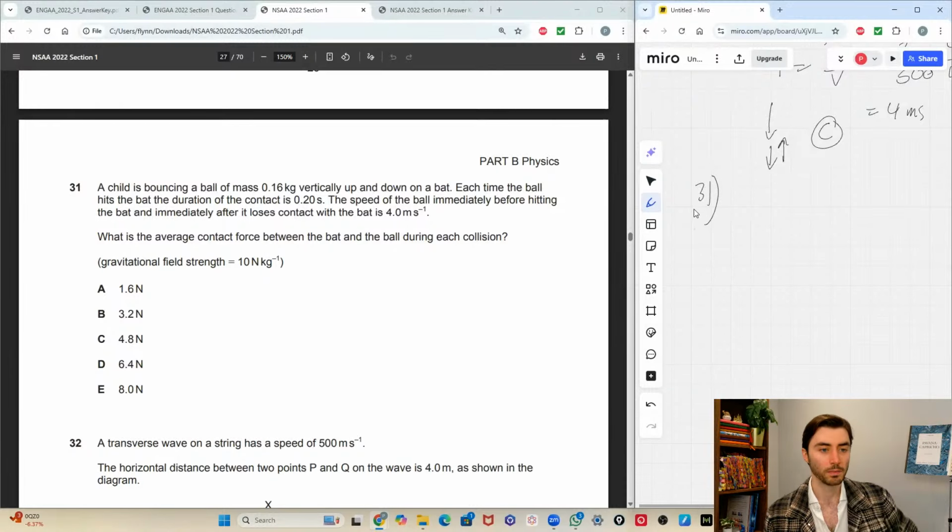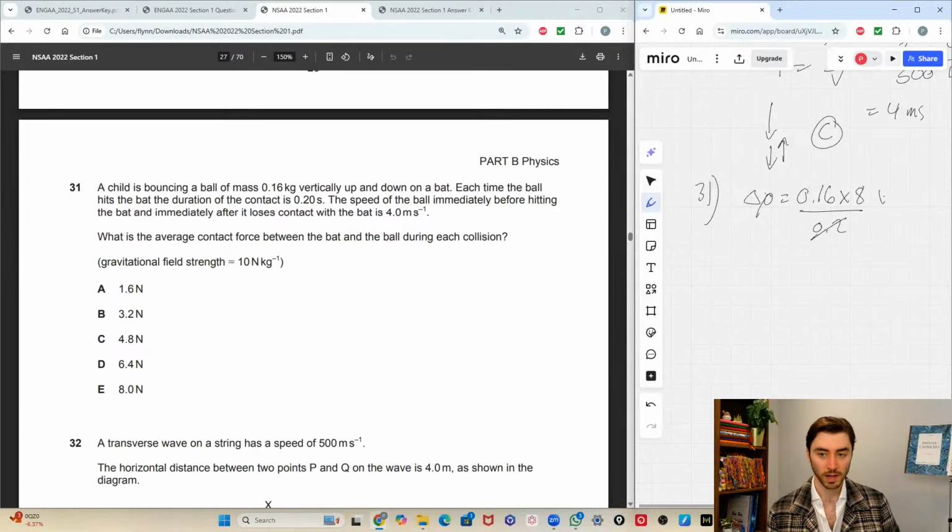Child is bouncing a ball of mass vertically up and down on a bat. Hits the bat. The duration of contact is that. Hitting the ball, and immediately after it loses contact, immediately before hitting the bat. Okay, so the change in momentum is the mass times the change in velocity. Cool. The average force is the rate of change of that. So that over 0.2.